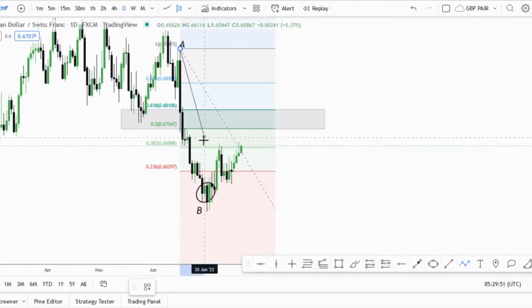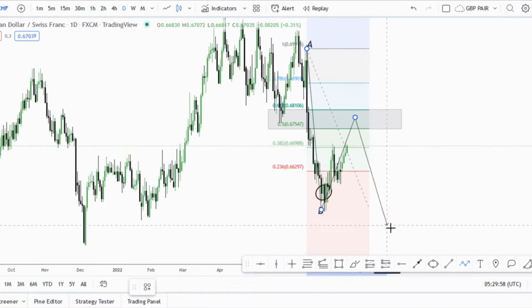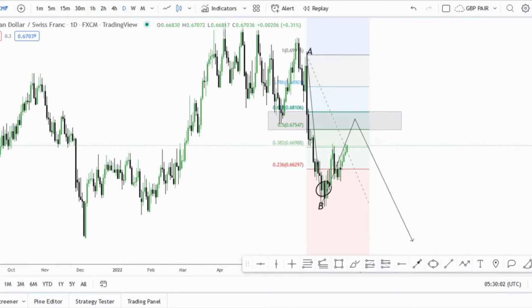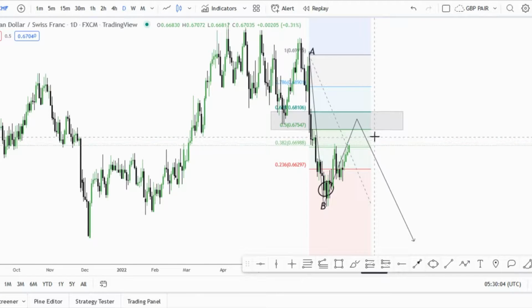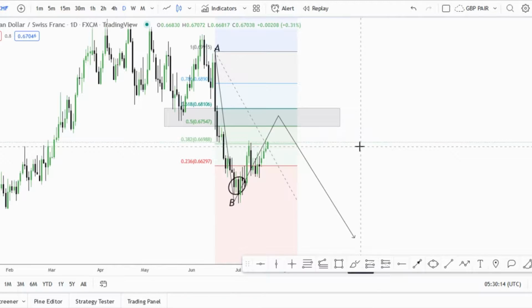After this impulse from point A to point B, I was expecting it to come to my 0.5 before taking a move to the downside and continuing in the intended direction. But like I said, I predict the market, but I always remain reactive. The market will tell me how to move and where to go.